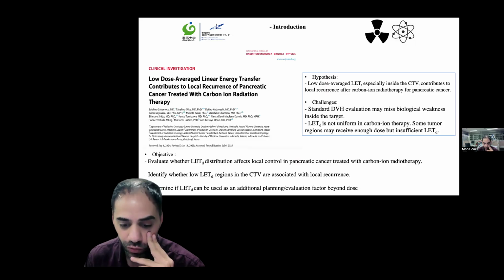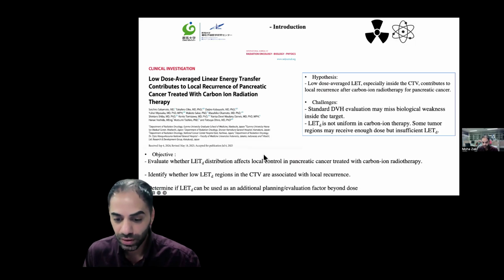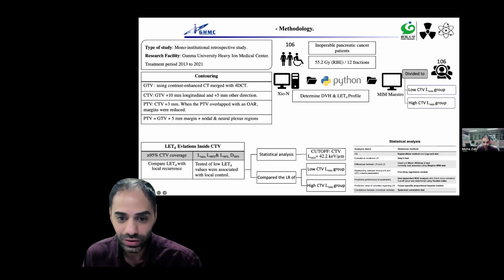And to determine whether dose average LET can be used as an additional treatment evaluation factor beyond weighted dose and physical dose.